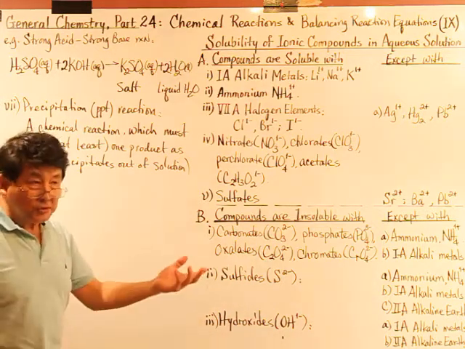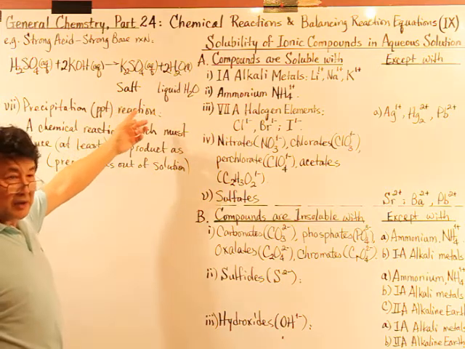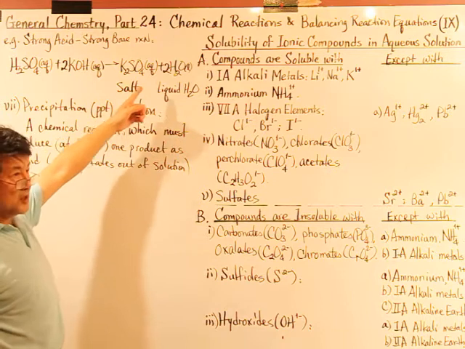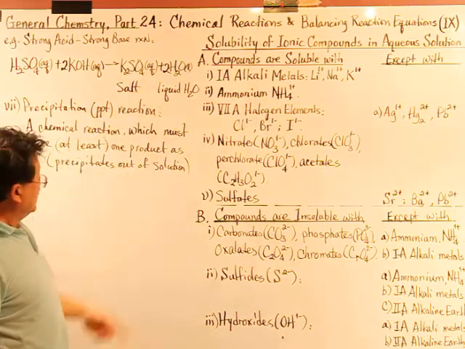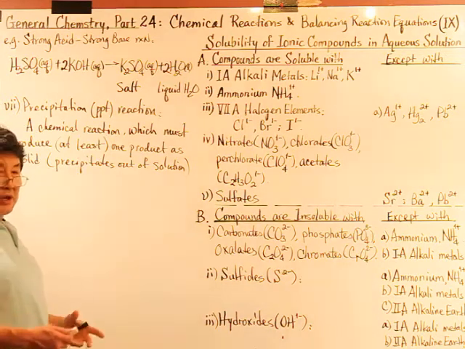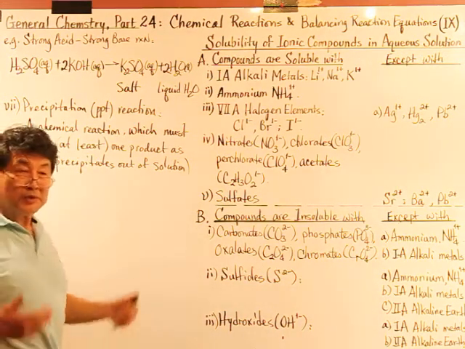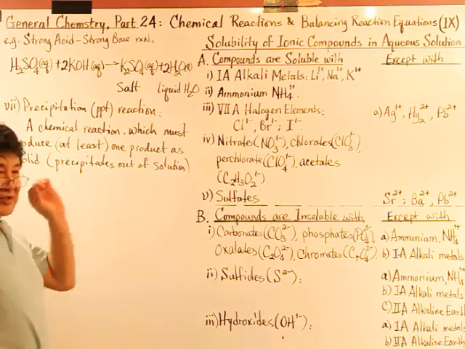The salt, or we do not use salt, we use ionic compound, right? It's a strong electrolyte dissociating in the water solvent, forming an aqueous solution. And another typical product for acid-base reaction is that liquid water will be generated, right?